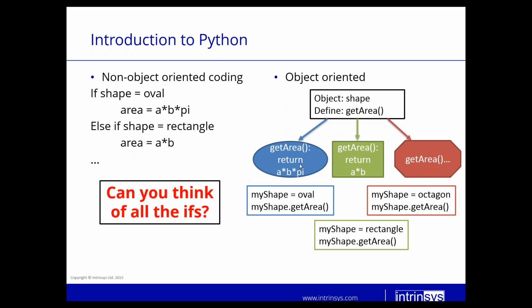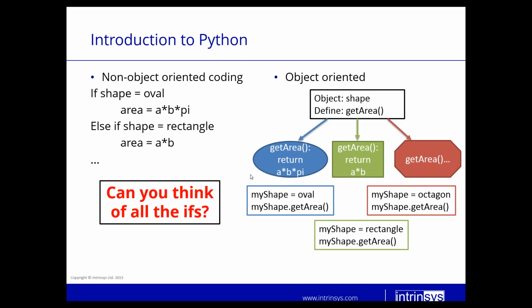So what I can do is I can pack basically all my functionalities into objects. So if I create an object, let's say an oval, and I create a getArea method or function inside the shape, then all I have to know is I have to access that shape and call the getArea method, and that would provide me the information based on what's coded inside the object.